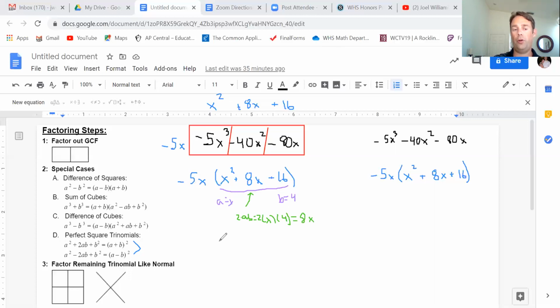So if it's a perfect square trinomial, what our formula says to do is take the a term first, so in this case it's x. The b term goes second, so here's my b value, that's 4, and I'm going to square it. The sign that goes in the middle is whatever the first sign is. So since that's plus, this right here is going to be plus. And again, you don't need to remember this little shortcut.